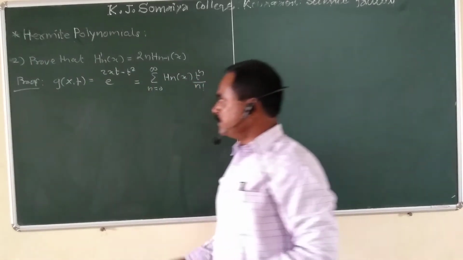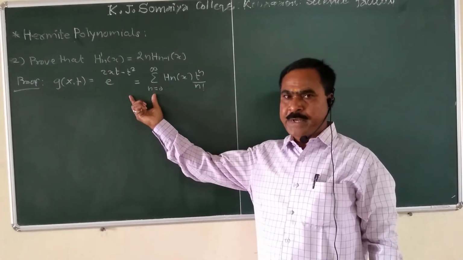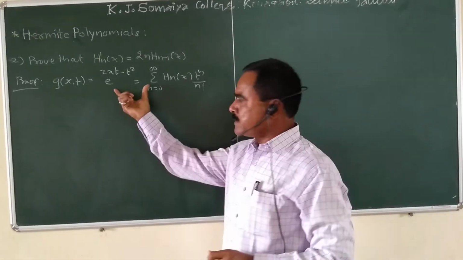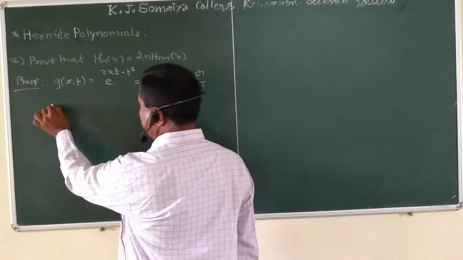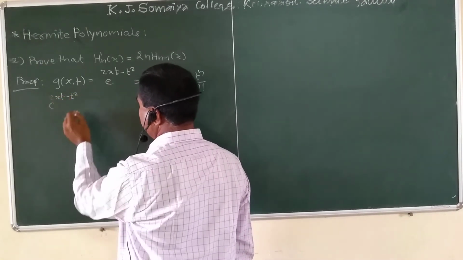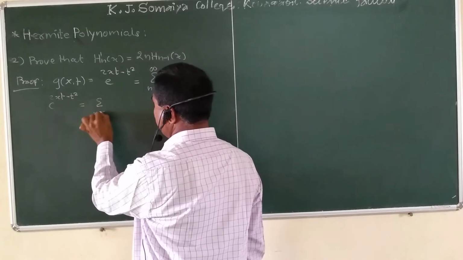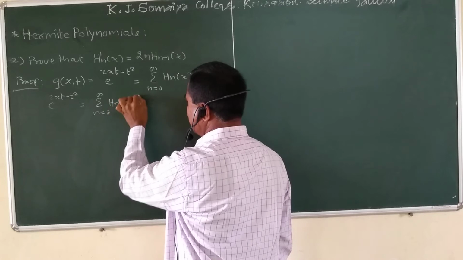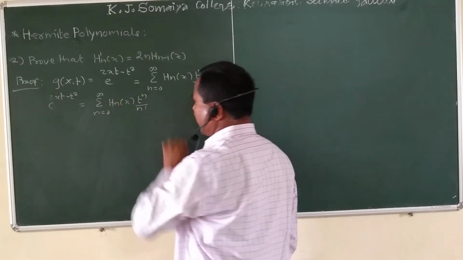So in the proof, we have to differentiate this equation with respect to x. So I will write this part again. e raised to 2xt minus t square equal to summation n from 0 to infinity Hn(x) t raised to n upon n factorial.